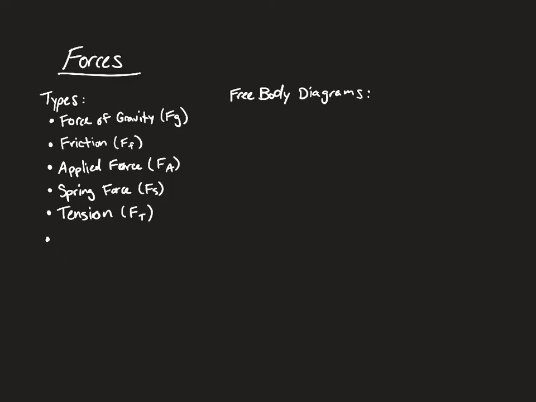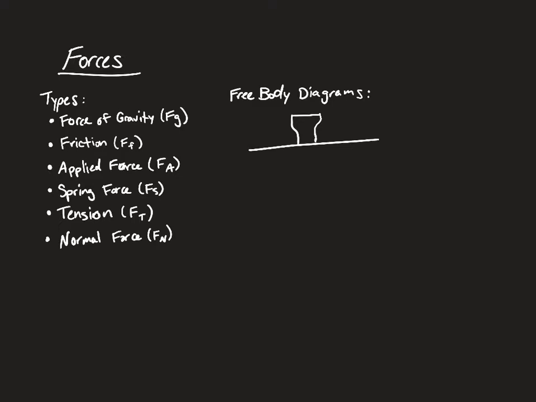And then there's also, lastly, something called the normal force. So I want to cover what the normal force exactly is as I'm covering a free body diagram. So let's say I have my coffee cup resting on the table.